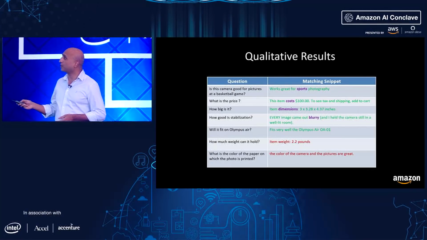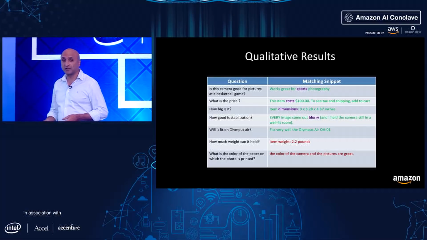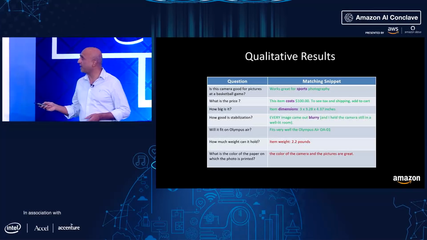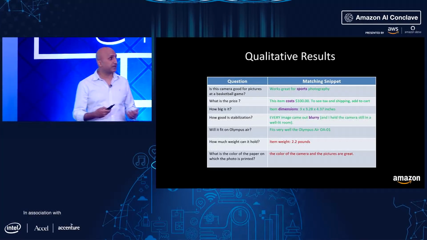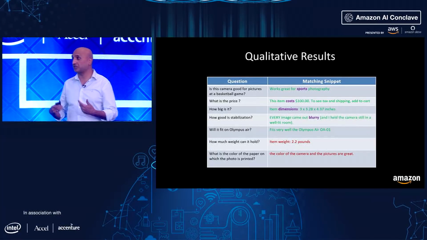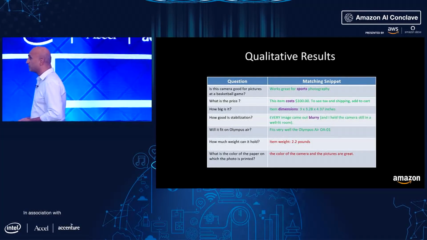Similarly, the question what is the price returns a snippet which has the word cost. Similarly, how big is it has a snippet which is item dimensions. Again, big and dimensions are semantically related, and our system is able to figure out those semantic associations.